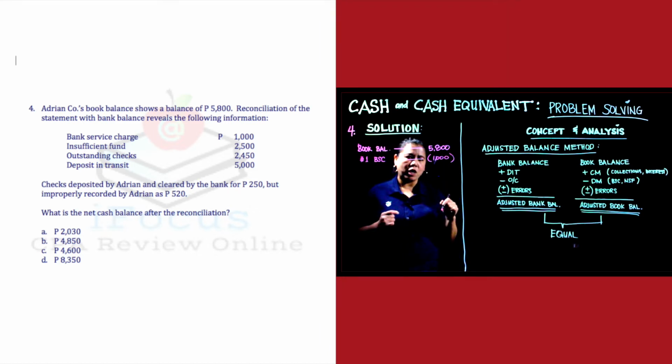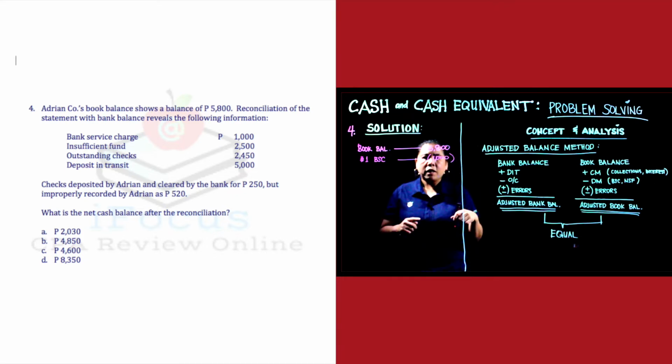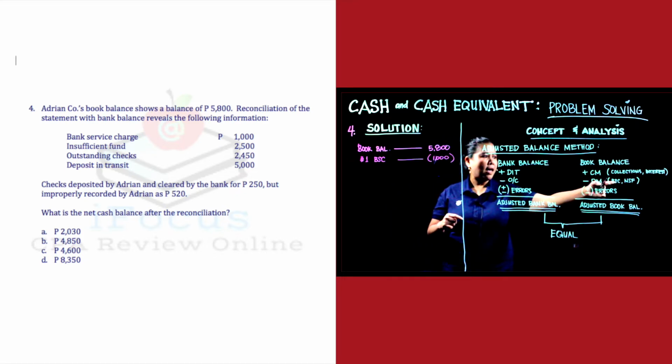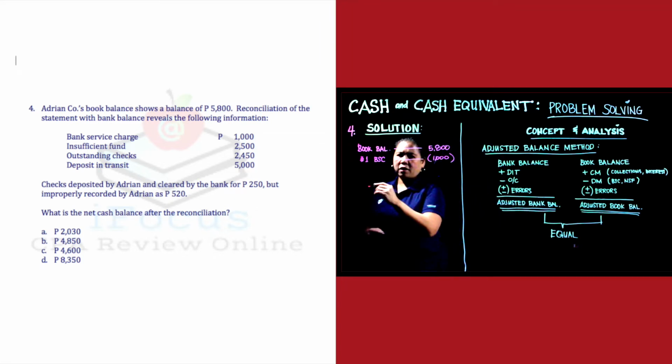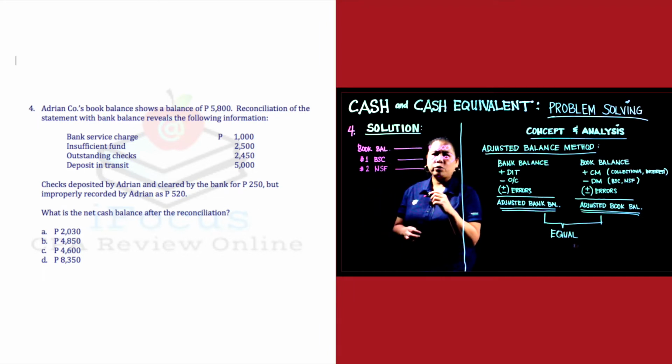Alright, bank service charge deductions tayo dyan. Insufficient fund, ito po yung NSF check ng customer na minus or diniduct ng bangko sa balance niya. So, i-deduct din natin ito sa book balance para magtutugma silang dalawa. Alright? So, we deduct insufficient fund. That's item number 2. So, NSF of 2,500.